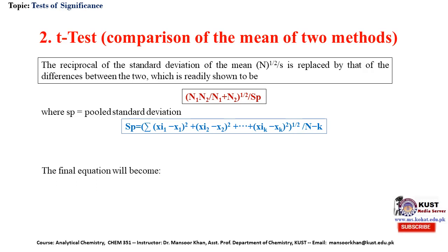The final equation will become t is equal to x1 minus x2 divided by the pooled standard deviation, times the square root of n1 n2 divided by n1 plus n2.